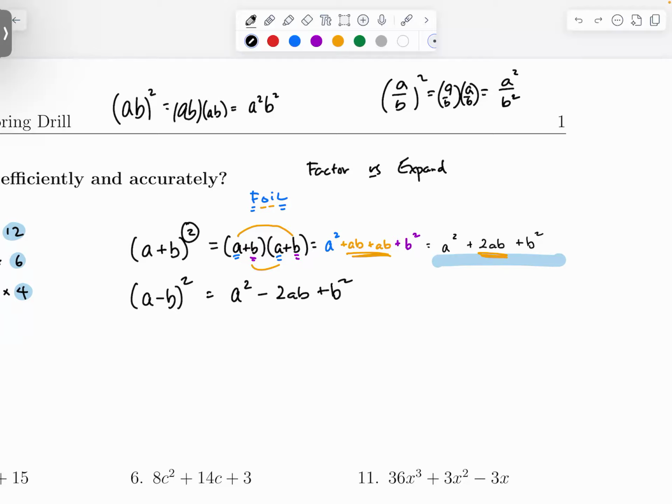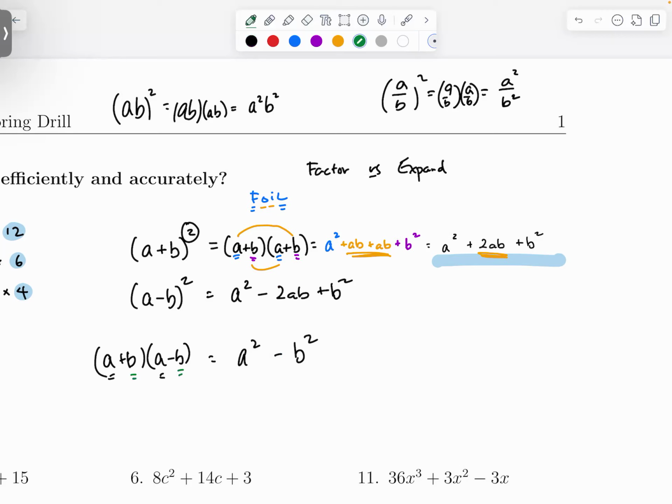Now, here's one other special expansion that you need to know, and that is A plus B times A minus B. You will see this very often in the future, I promise you. It is A squared minus B squared. Why? First term, A squared.